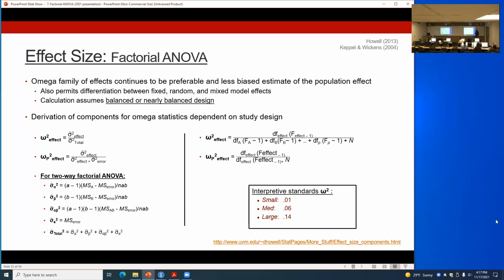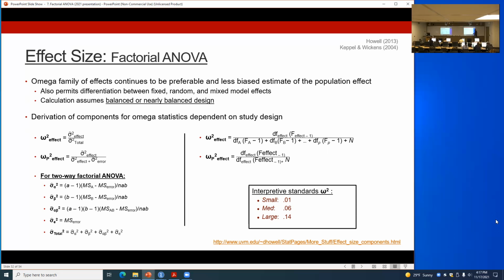Just like we had omega squared as a population-based estimate of eta squared, we have partial omega squared, which gives us a better population estimate of the percentage of residual variance, not accounted for by other factors, that's attributable to the factor. So basically all the same stuff here.